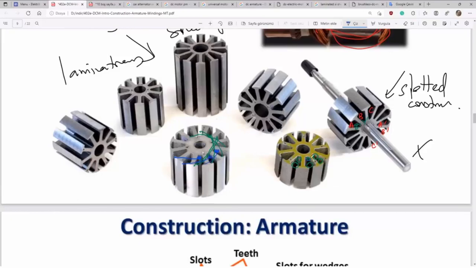So there are two layers, double layered winding. DC armature coils are double layered winding.